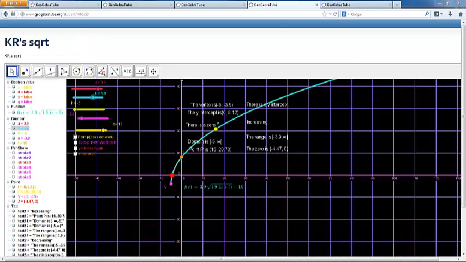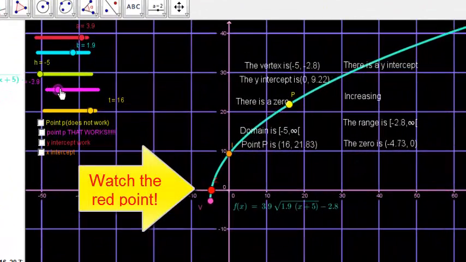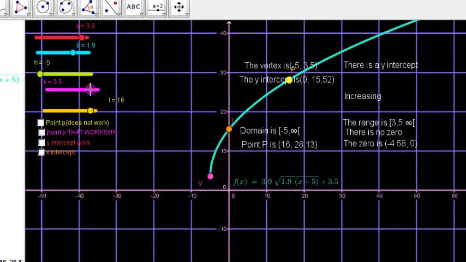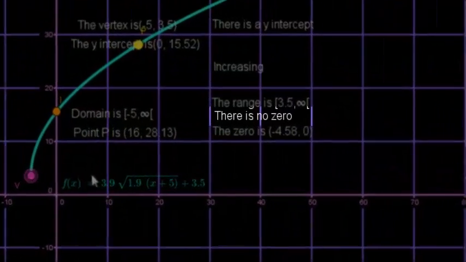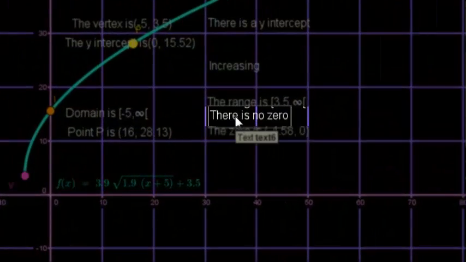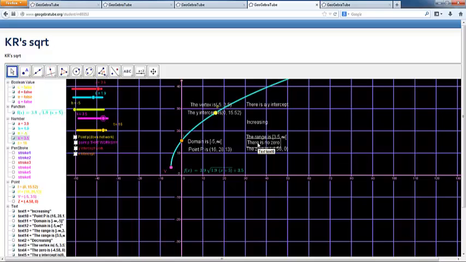Another place where the conditional features of GeoGebra came in really handy was for the square root function, which sometimes has a zero and a y-intercept, but not always. For example, if I make k positive, you can see that there is no zero, and so the students had to tell GeoGebra under what conditions to display a message like this, that there is no zero.